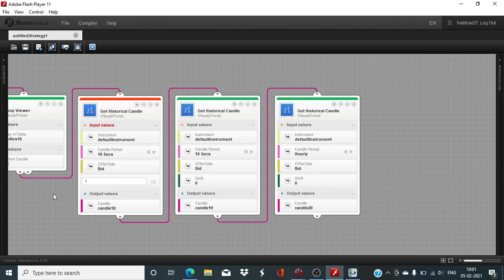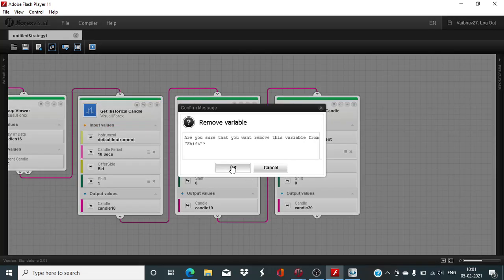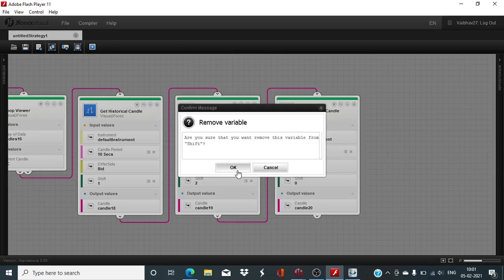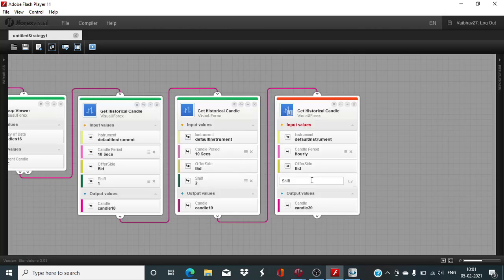Shift 1, shift 2, and this again shift 1, but on the hourly time frame. Okay, so this looks good to me.